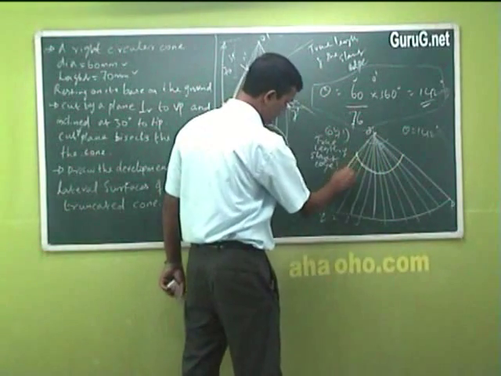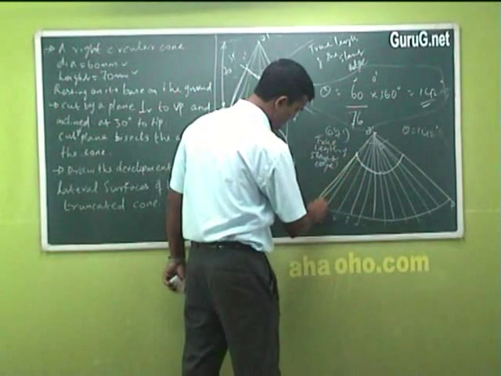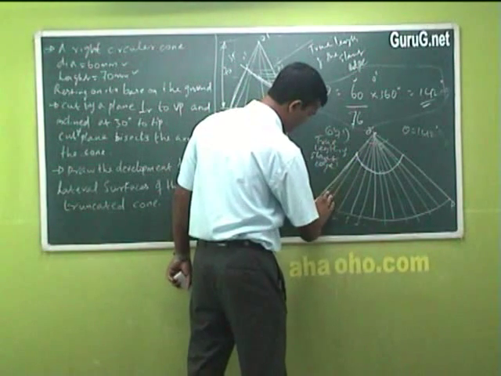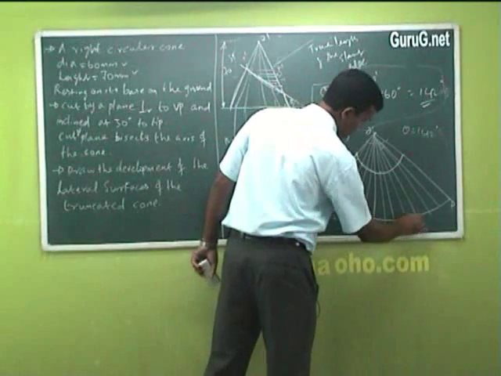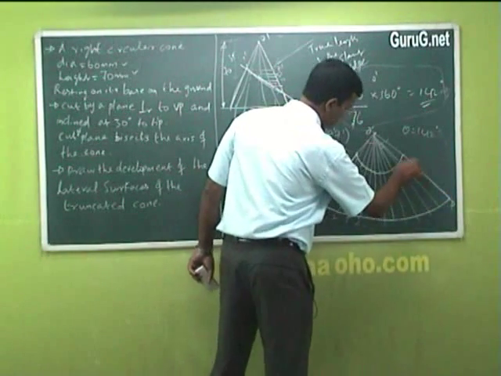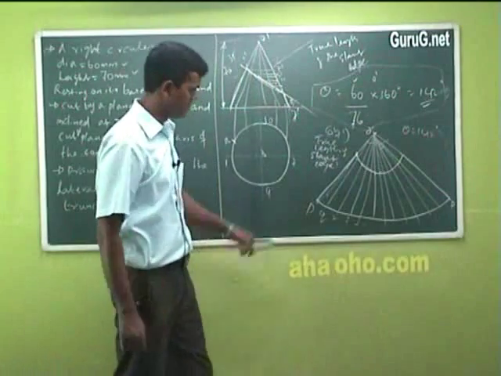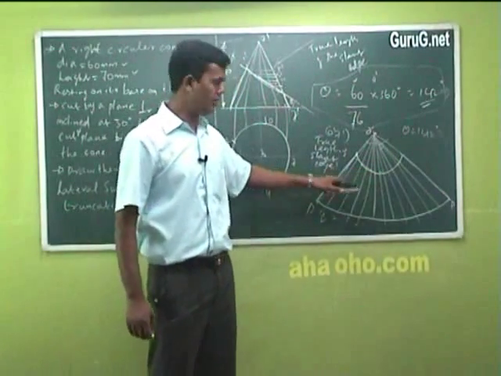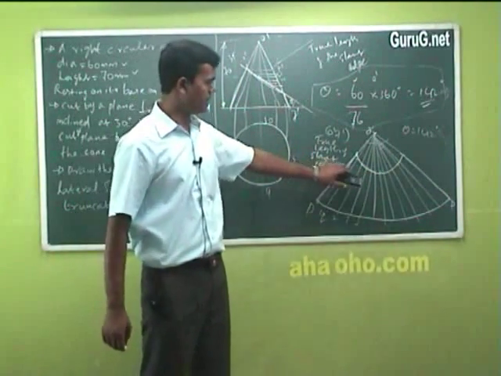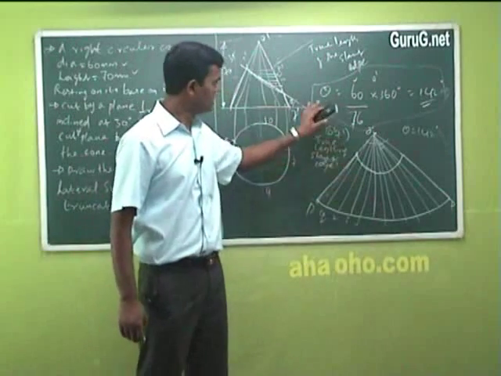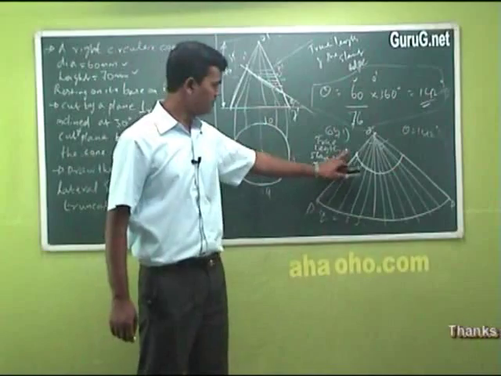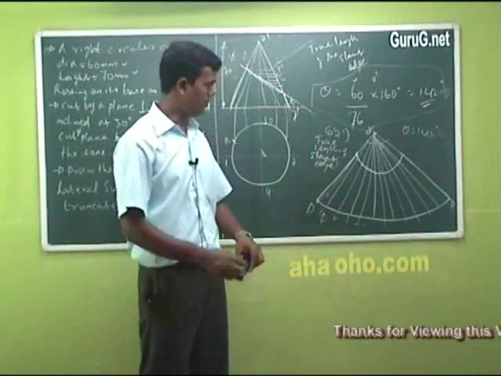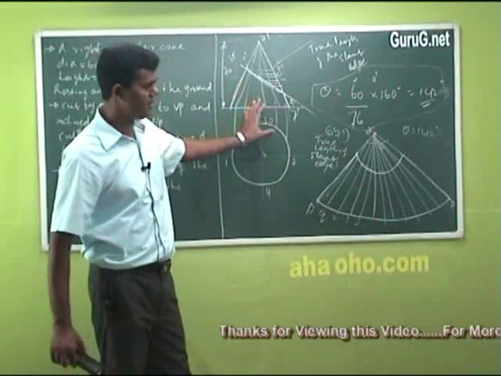The answer will be like this. This is your developed question number 2. I am again repeating, it is not a proper sketch, because you need to draw with exact values. So you try it, you will get a proper shape.